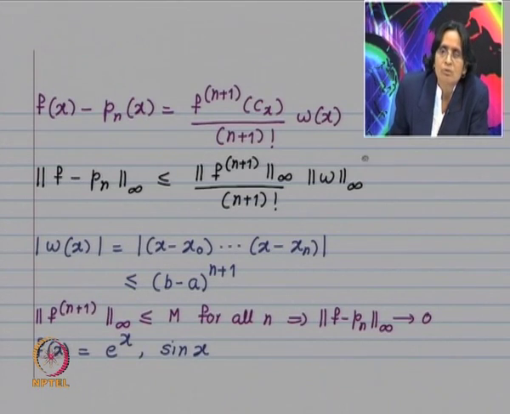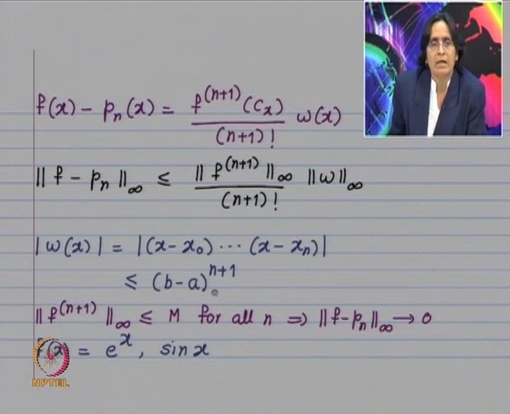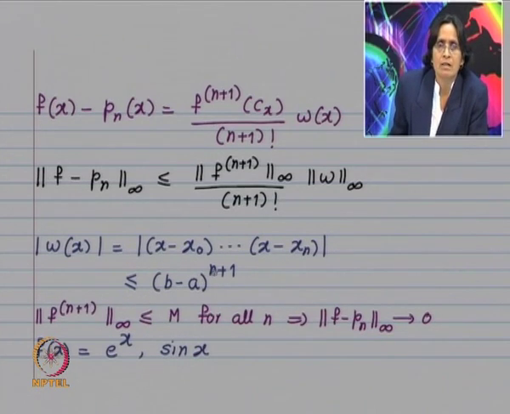So, look at now the error. Suppose that this (n+1)th derivative is less than or equal to M for all n. This is the same bound for all the derivatives. Then we will have M (b - a)^(n+1) divided by (n+1) factorial. Now, no matter how big b - a is, (b - a)^(n+1) divided by (n+1) factorial will tend to 0.